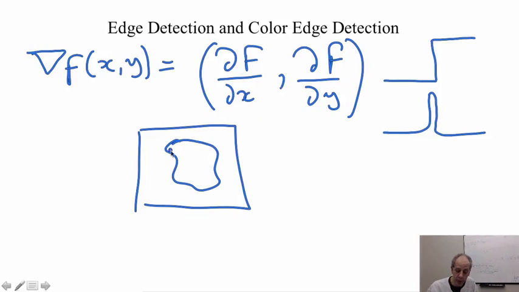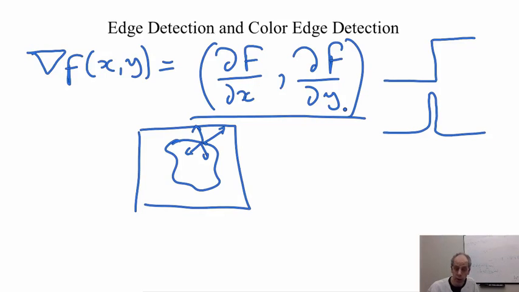So when you're sitting at a point on an object, and you ask which way should I go to have the maximal change in my pixel value, that is the gradient direction. This gives you the direction of the maximal change in your image. So it's a very, very interesting object.